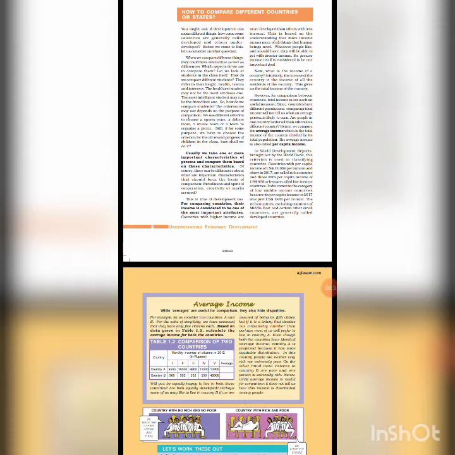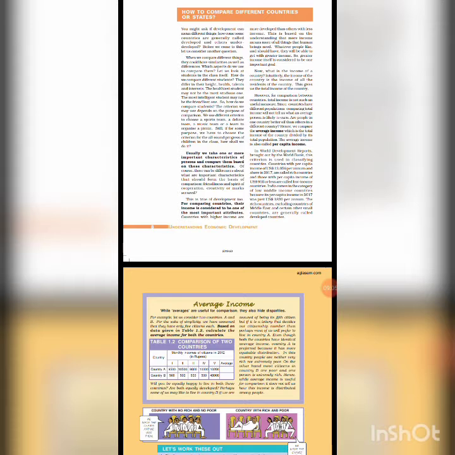The income of the country is the income of all the residents of the country. This gives us the total income of the country. For comparison between countries, total income is not such a useful measure. Hence, we compare the average income, which is the total income of the country divided by the total population. The average income is also called the per capita income.